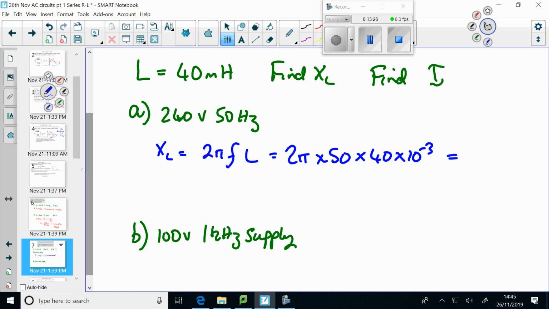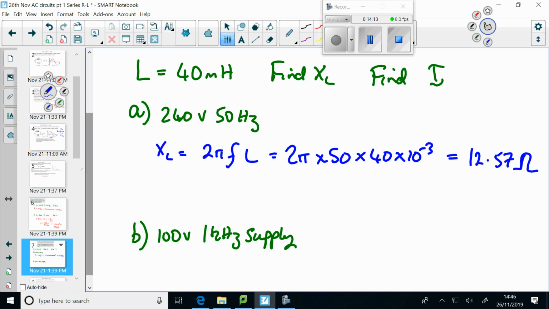That equals, okay, I've got 5.7 here, so I'll do that. 12.57 ohms.